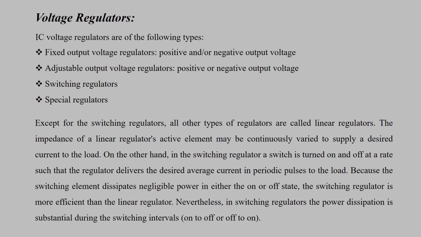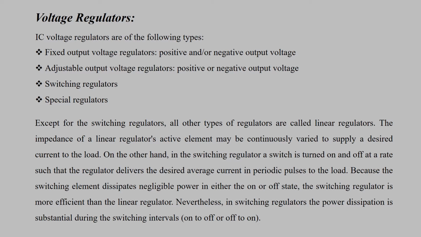The impedance of the linear regulator's active elements may be continuously varied to supply a desired current to the load. On the other hand, in the switching regulator, a switch is turned on and off at a rate such that the regulator delivers the desired average current in periodic pulses to the load.